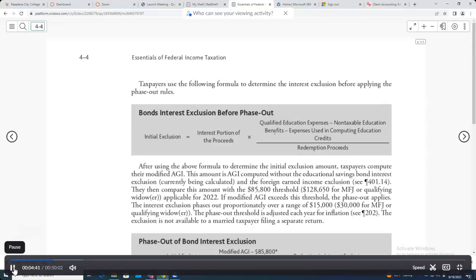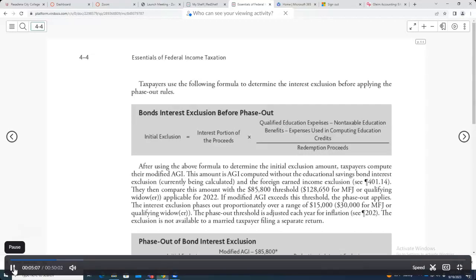non-taxable education benefits minus expenses used in computing education credit. So those expenses that you use for the American Opportunity Credit, you cannot double dip in here. Make sense? So you have to take them out. What is the qualified education expenses minus what is non-taxable education?